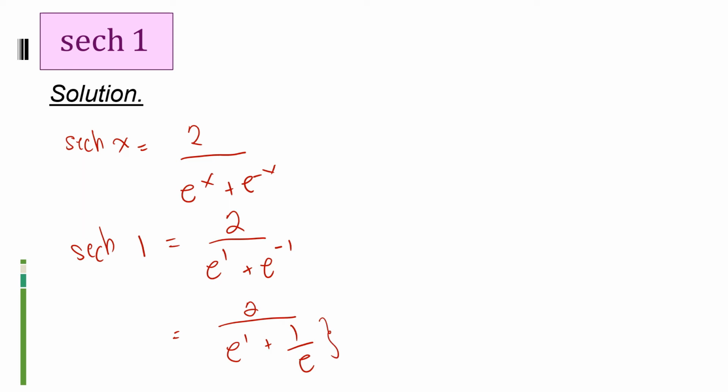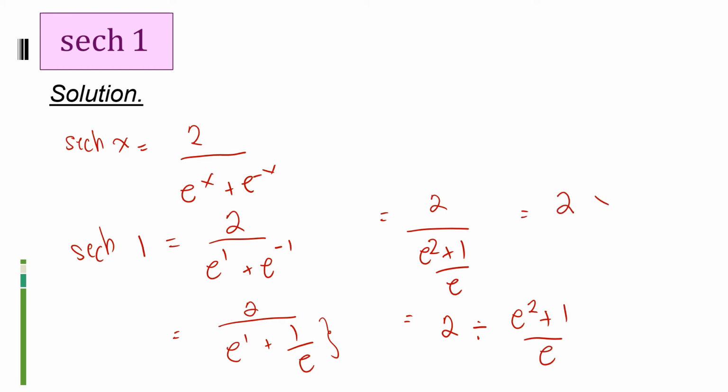And when we simplify this, that is equal to 2 over e squared plus 1 over e, or that is equal to 2 times e over e raised to 2 plus 1. Therefore, the final answer is 2e over e squared plus 1.